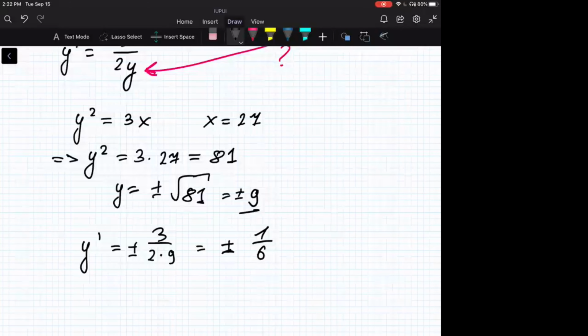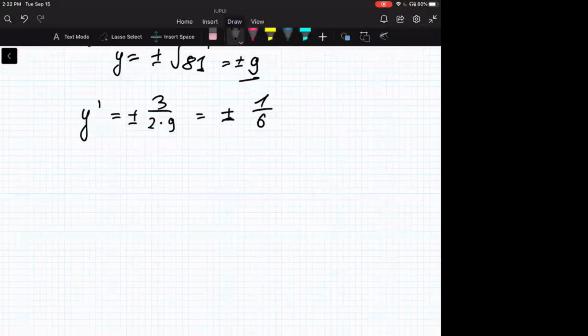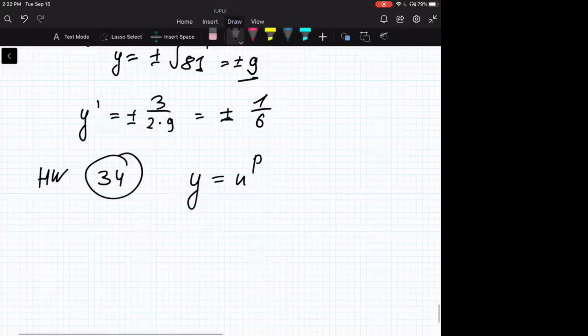What I want you to do is the following part of the homework. It is exercise 34. I think I have included it in the homework list, but let me emphasize that there is the derivative of this function x to the power p over q.